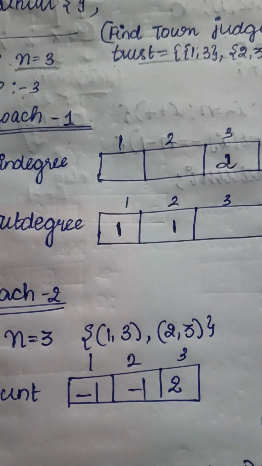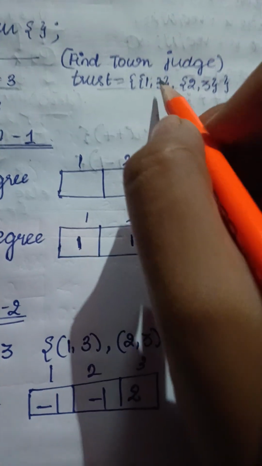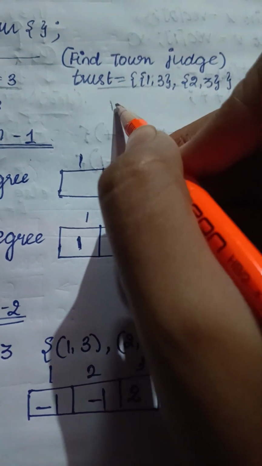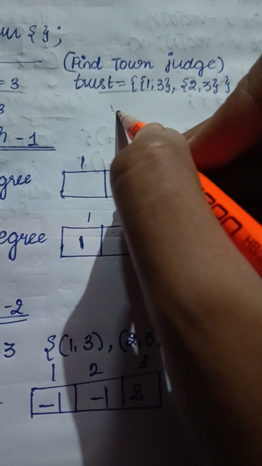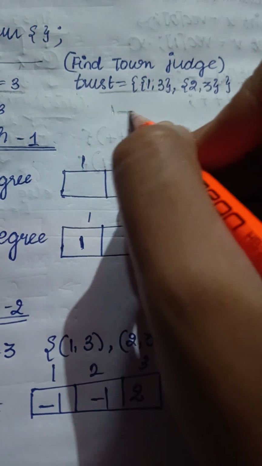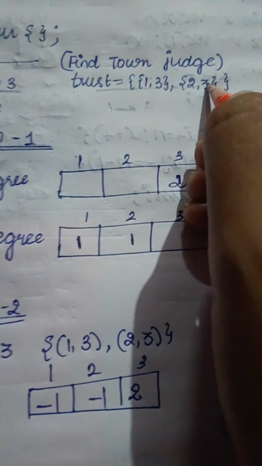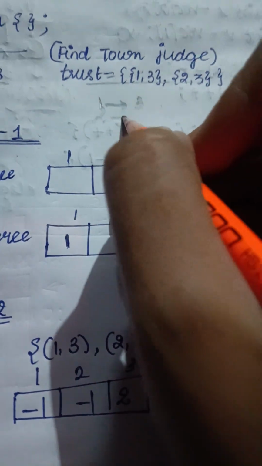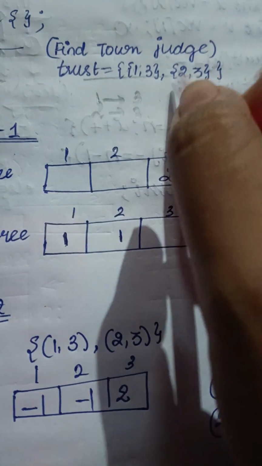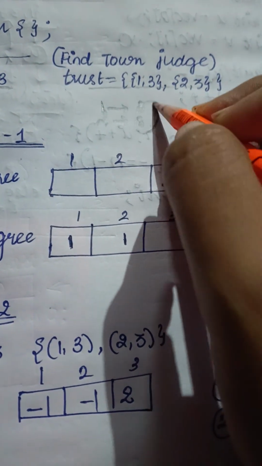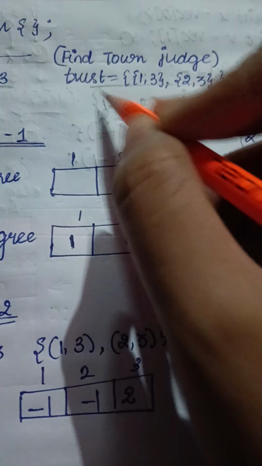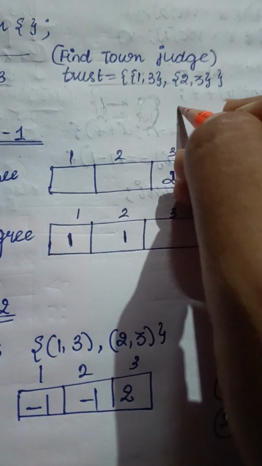In the sample, let me suppose 1 is a person who is trusting 3, and 2 is a person who is trusting 3. But 3 is not trusting any one of them, so 3 is the judge.